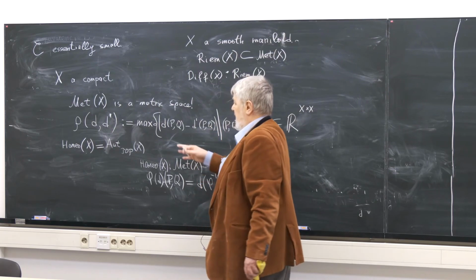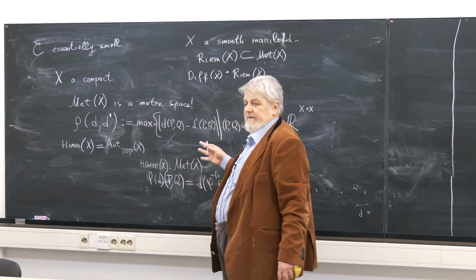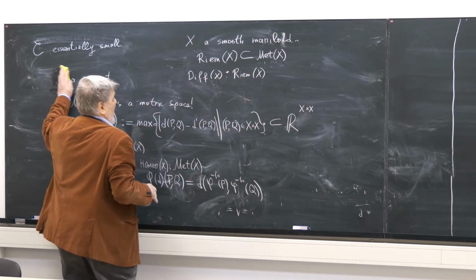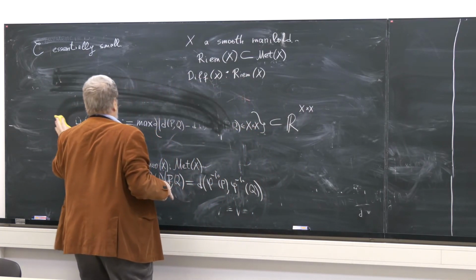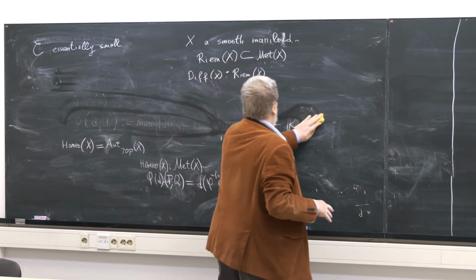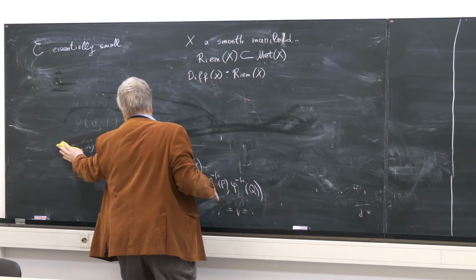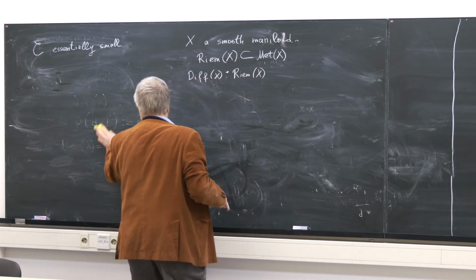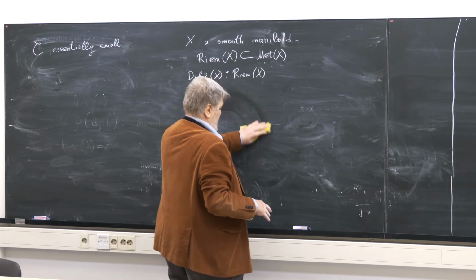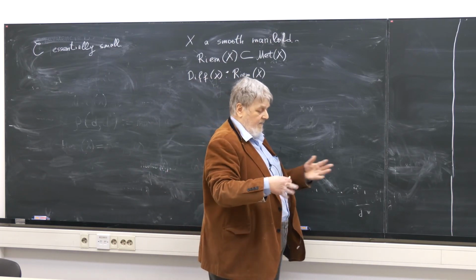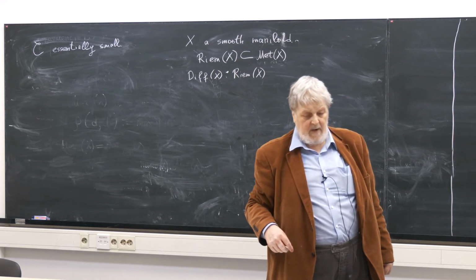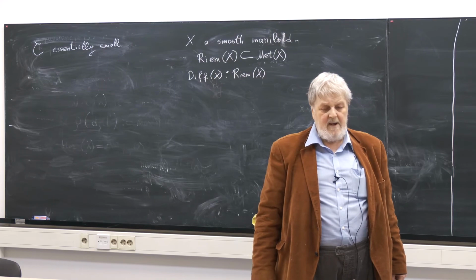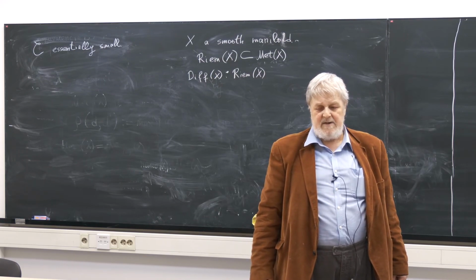So may I erase all these rather obvious constructions, and then in the case of Riemannian metric, introduce a new one. There is some equivalence on the set of Riemannian metrics.